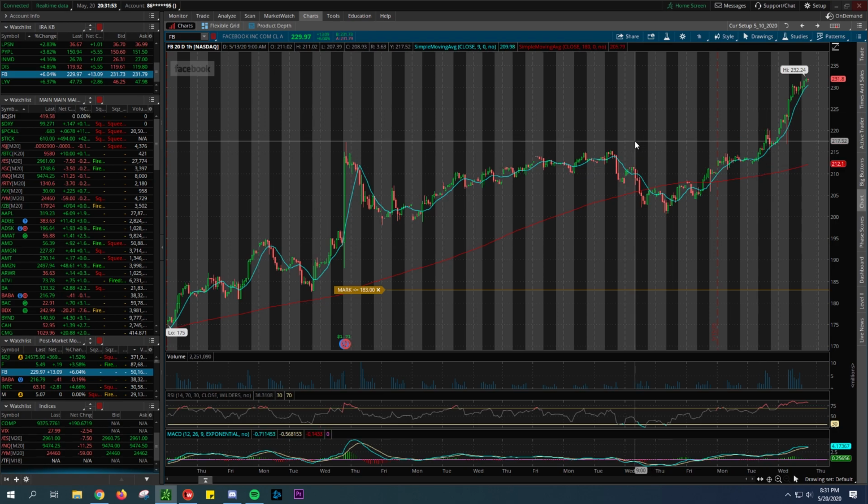So again, this is the 1-hour chart on 20 days, and each little tick here is 1 hour. We get some Wednesday of last week, some selling off due to the overall market, breaking through the 180 level on the simple moving average.